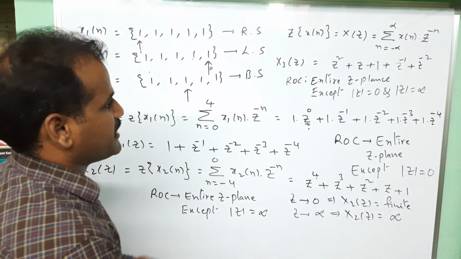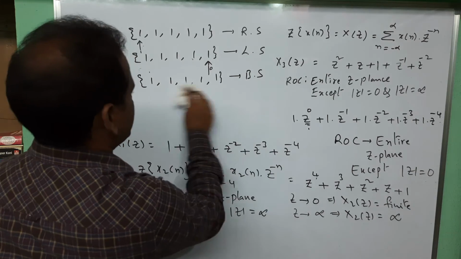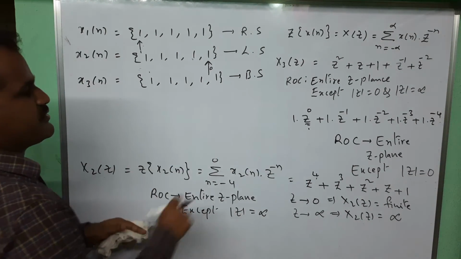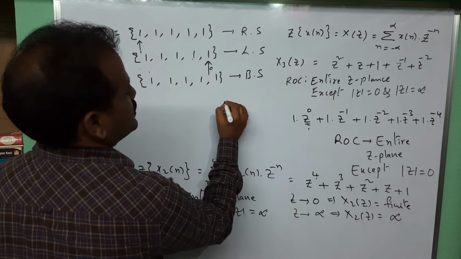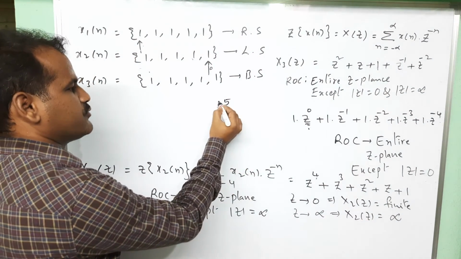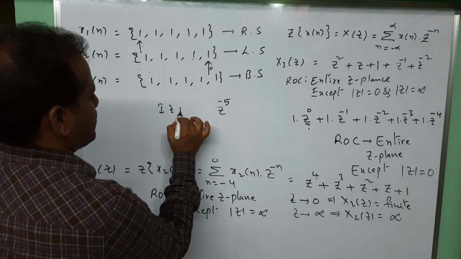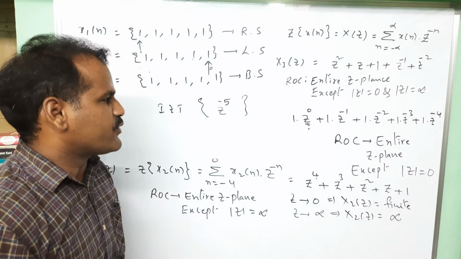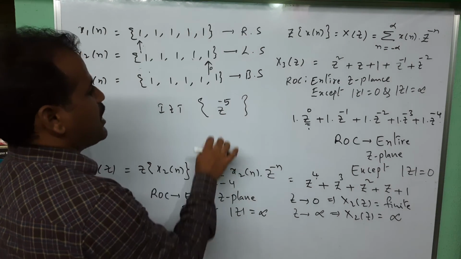For example, I am giving you one inverse z transform case for practicing this kind of exercise. What is the inverse z transform of z to the power of minus 5? This is what we need in the examination. Immediately, what can we do? Negative power means a right side signal. How many elements?